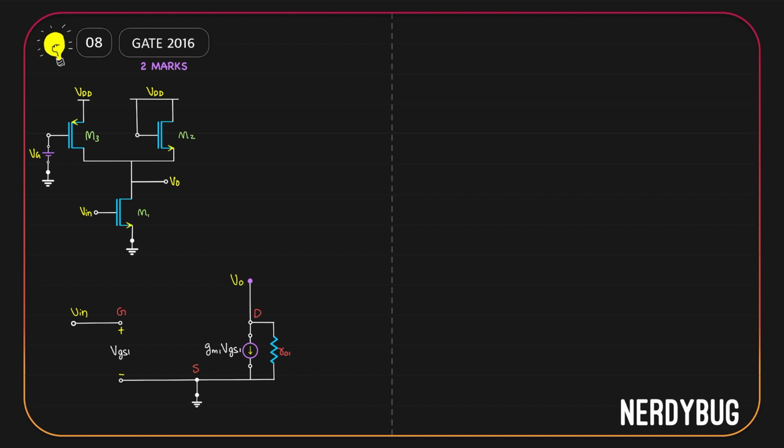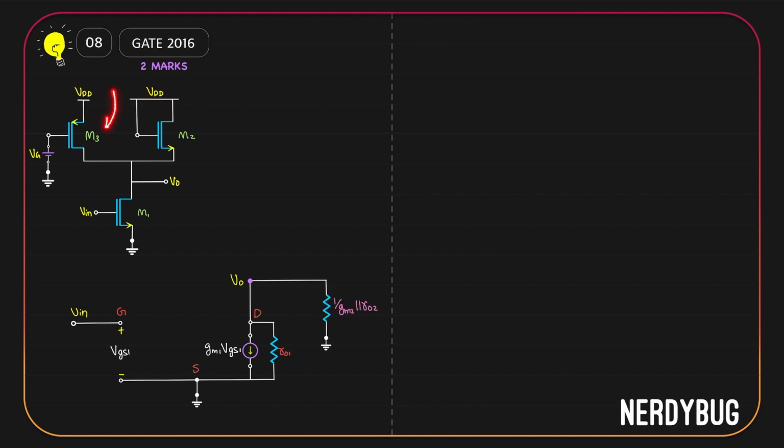If you draw the small signal model of M2, at the output you will also have RO2. So considering channel length modulation, this whole thing can be modeled as a resistor whose value is 1 by gm2 parallel to RO2. It will be connected between the drain of MOSFET 1 and the AC ground, like this.